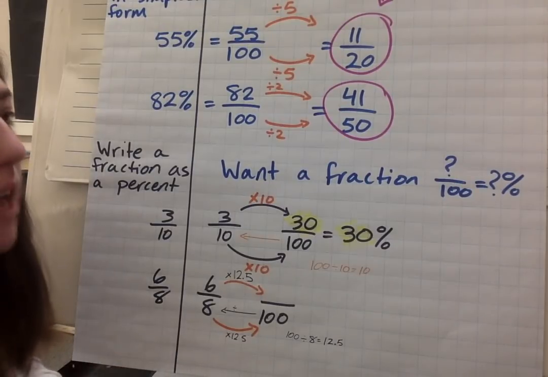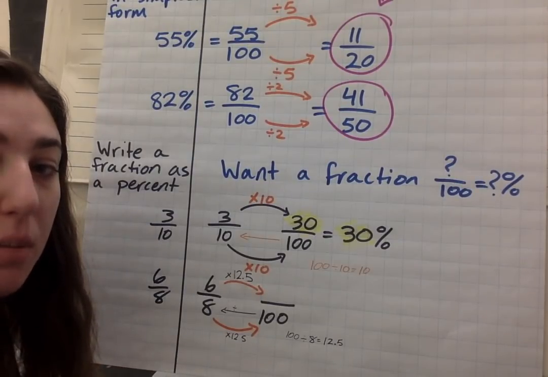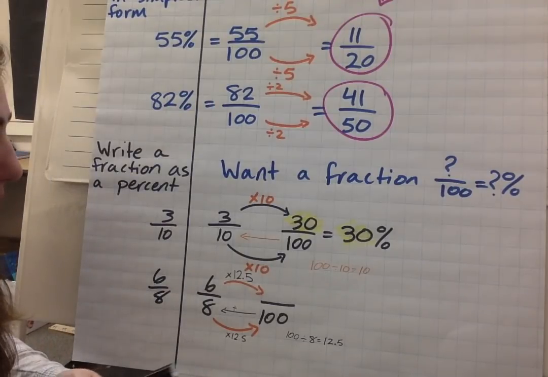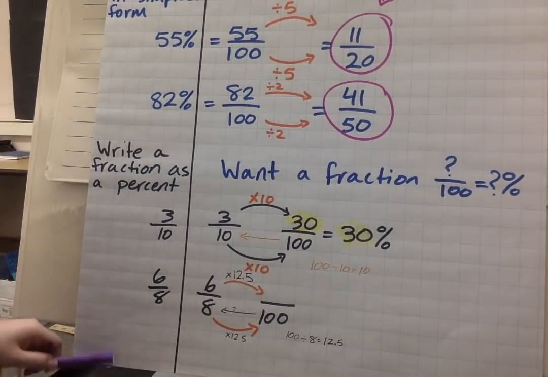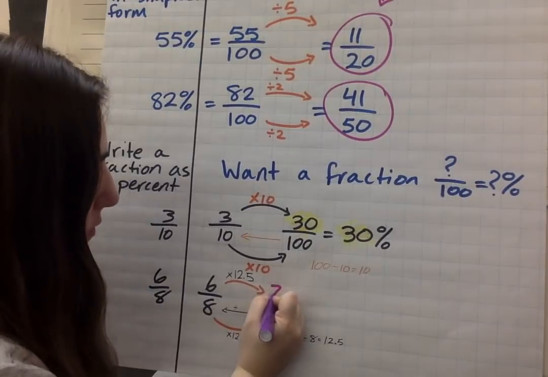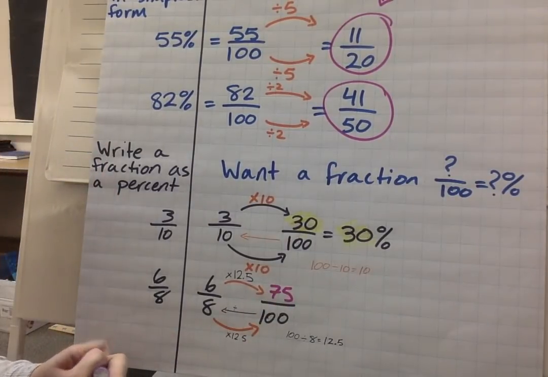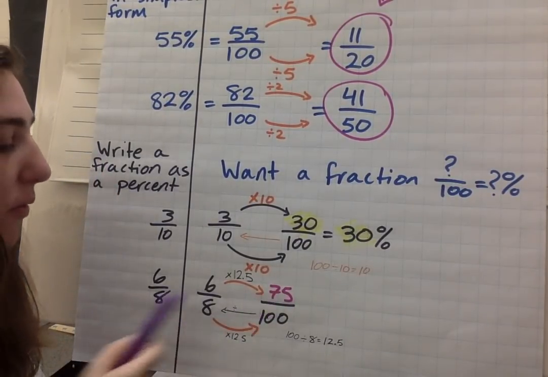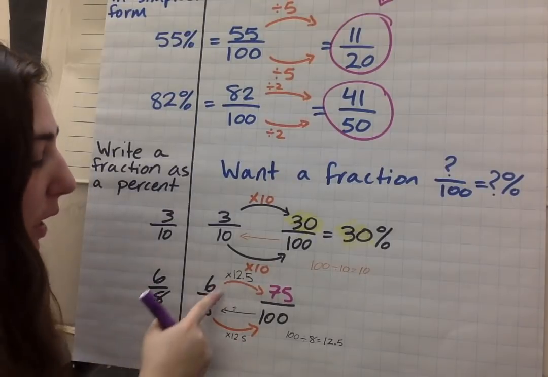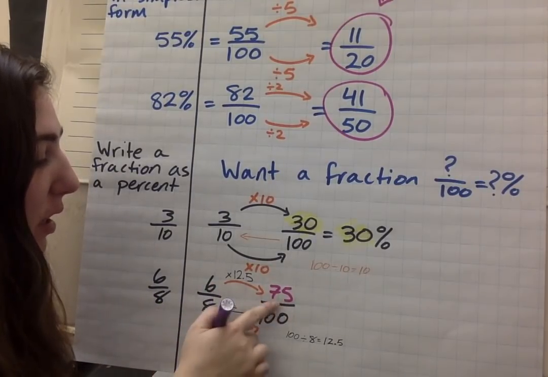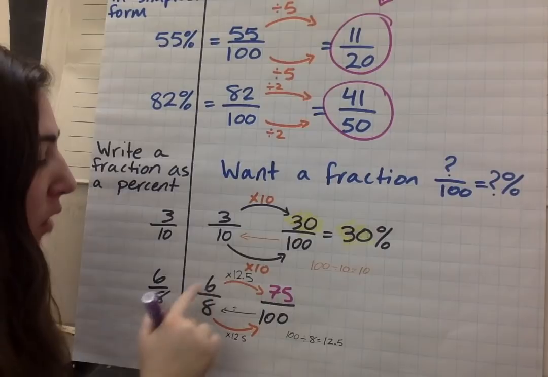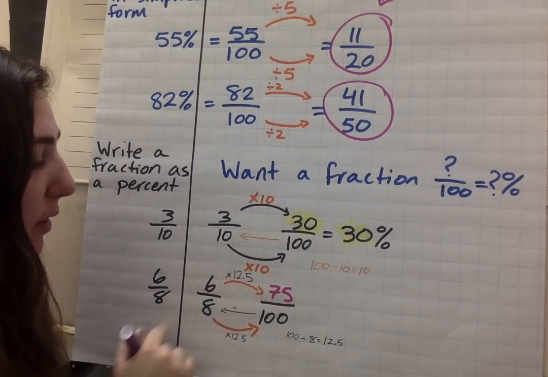Okay, so 6 times 12.5 is going to be 75. Okay, so then we have 75 out of 100. So we kept the fraction the same, but we needed it to be something out of 100. So we just multiplied top and bottom by the same number.